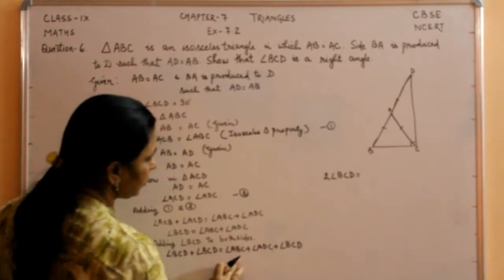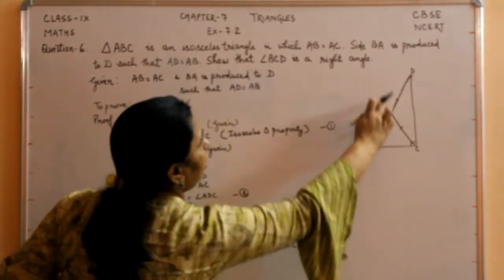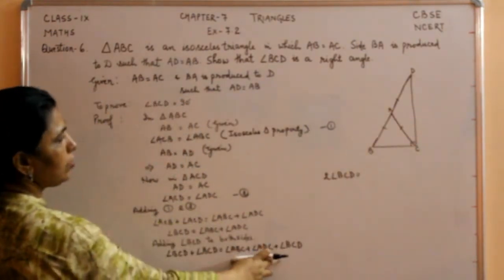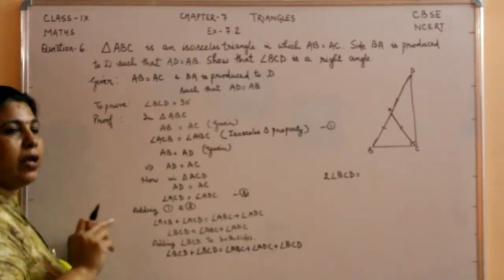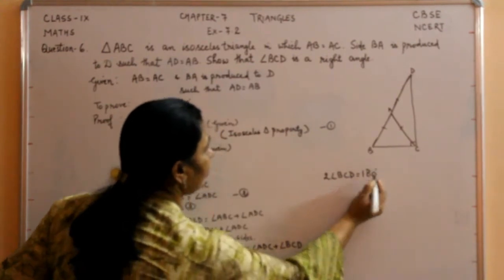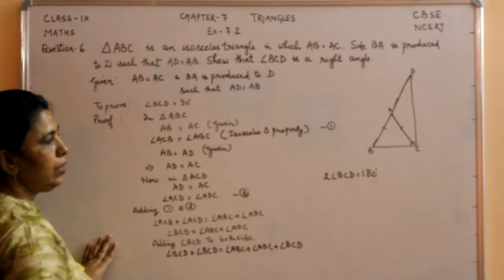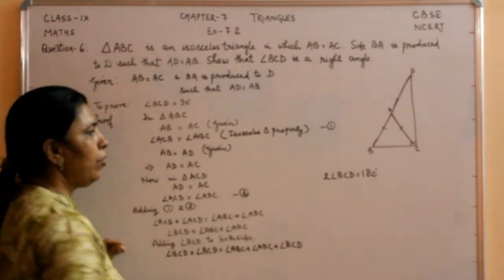And if we see this angle ABC, angle ADC and this angle BCD, they are the angles of the triangle DBC, and the sum of the angles of a triangle is equal to 180 degree by the angle sum property of triangles.